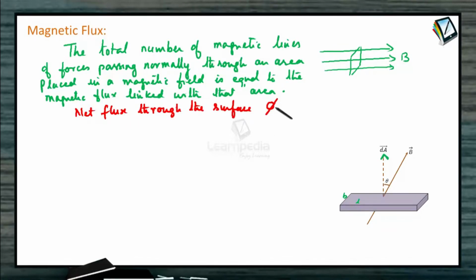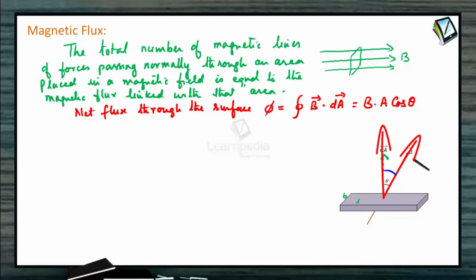We can write as phi. Phi is equal to integration for a closed surface magnetic field vector dot area vector, or it can also be written as BA cos theta. Theta is the angle between area vector and the magnetic field vector.